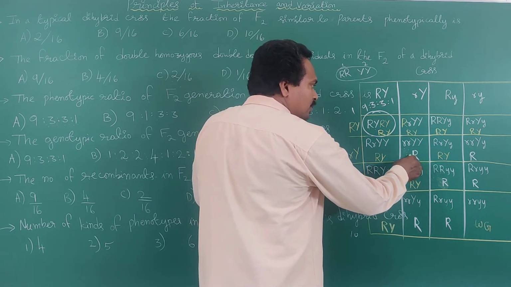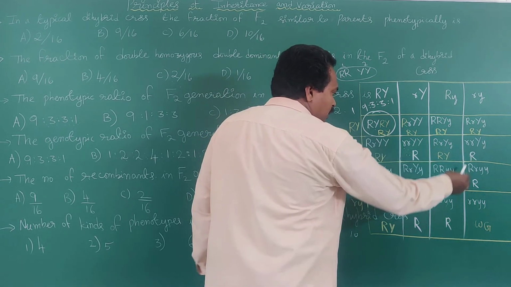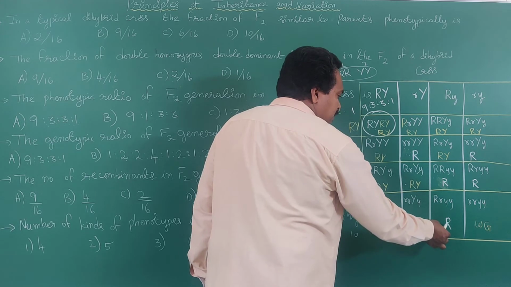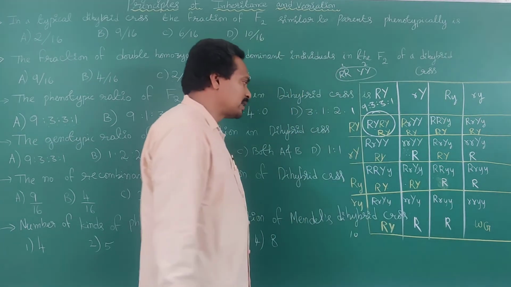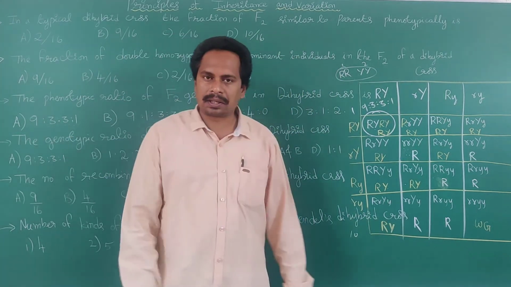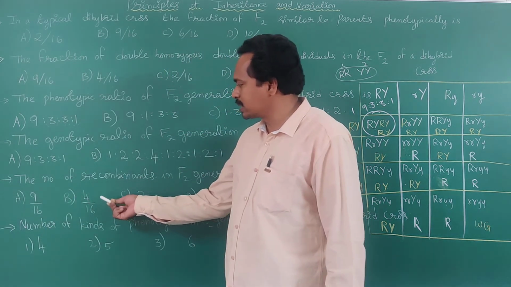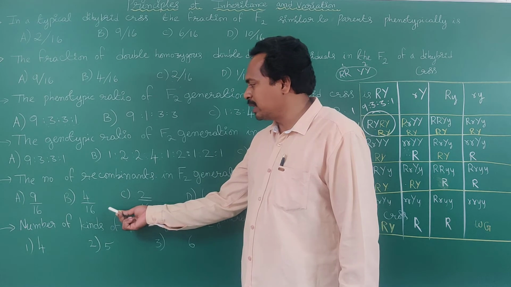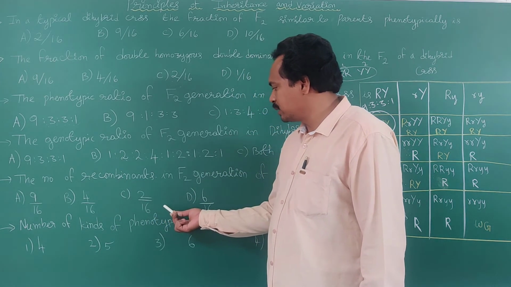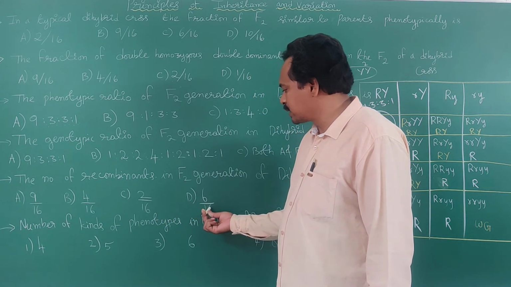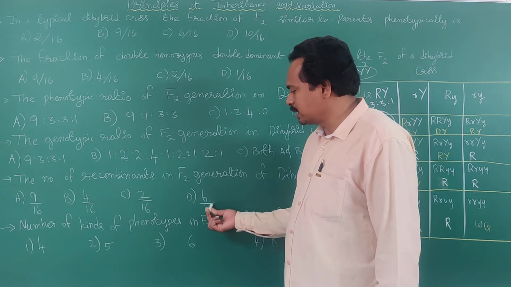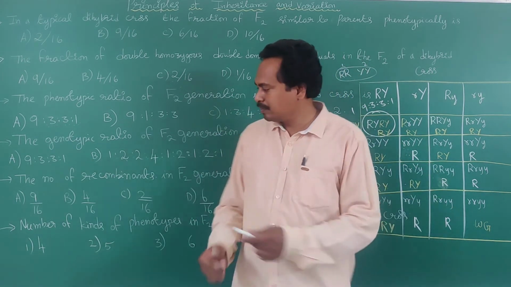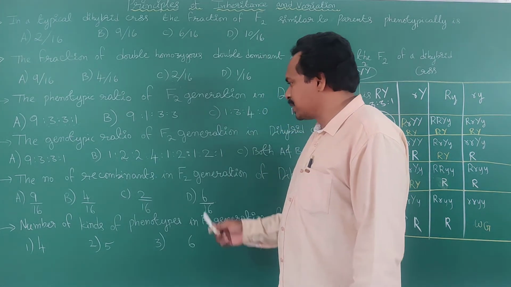Look here, this is one recombinant, and the second recombinant, third, fourth, fifth, and sixth recombinant. So 6 recombinants are there. 6 by 16. Then what are the options given here? Option A 9 by 16, option B 4 by 16, option C 2 by 16, option D 6 by 16. Option D is the correct answer.